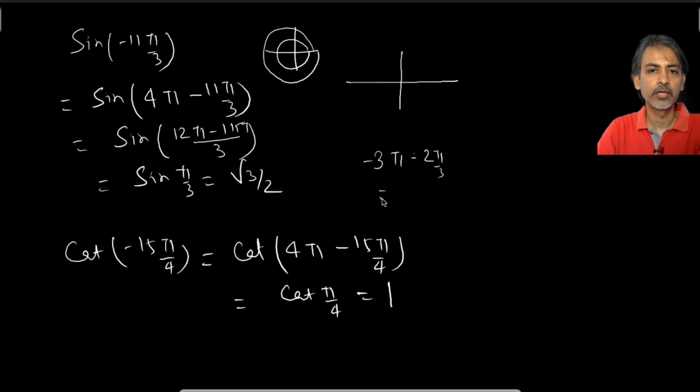Or I could have written minus of 4 pi plus pi by 3 as well, right? Minus 4 pi is minus 12 pi.